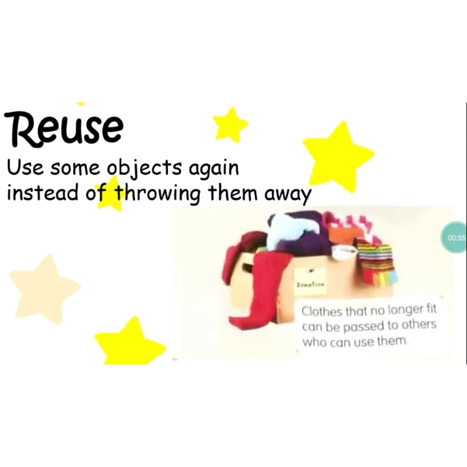And then the next way to care for the environment is reuse. Reuse means use some object again instead of throwing them away. Jadi use again, menggunakan kembali instead of throwing away, daripada membuang the object. This is the example. Clothes that no longer fit can be passed to others who can use them.